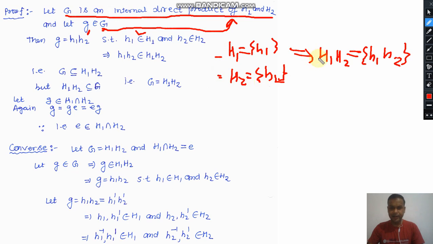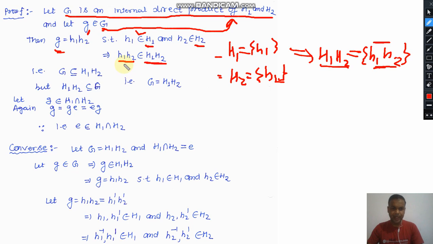Then their internal direct product will contain elements of this type, h1h2. So because G is the internal direct product of H1 and H2, this G will be formed by the product of these elements h1 and h2. Let us suppose g is equal to h1h2, where h1 is an element of the first normal subgroup H1, and h2 is an element of the second normal subgroup H2. So as per the definition, h1h2 belongs to H1H2.